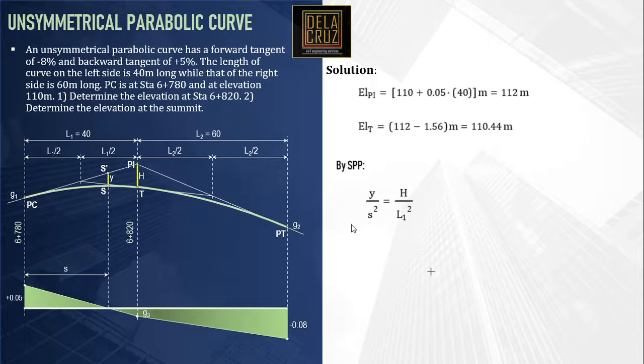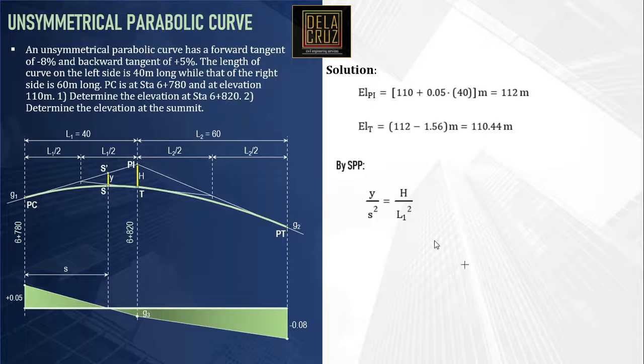Now, if you want to take the vertical offset distance from the tangent to the curve on the right side, then the base for that is our PT. So Y to PT is equal to H to PT squared.